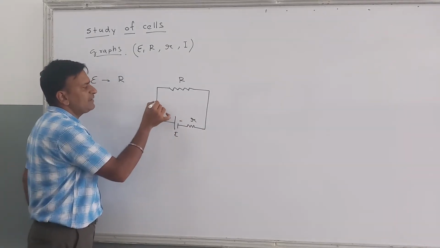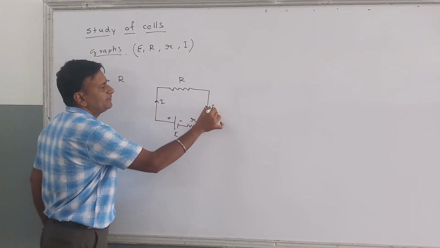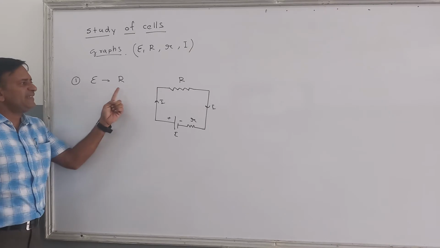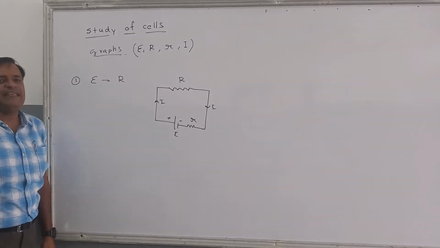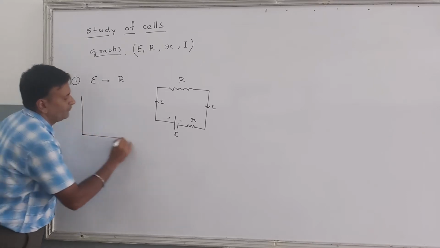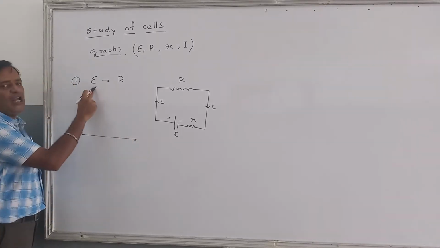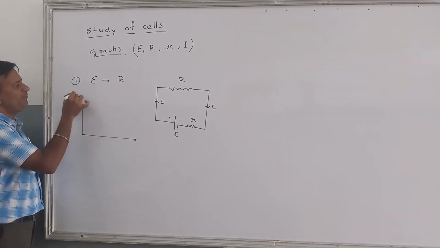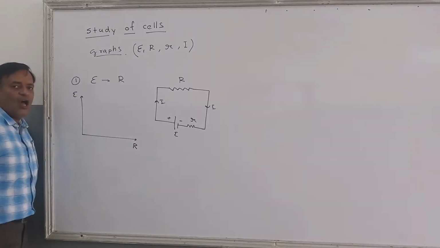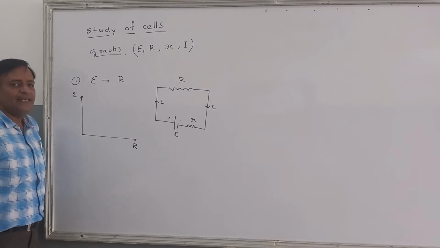Current flows like this. The current is I. Now the first graph is of EMF versus external resistance, so I will plot EMF on the y-axis and external resistance on the x-axis.